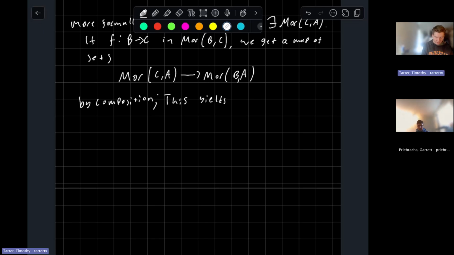This yields a contravariant functor H_A from the category C into sets.